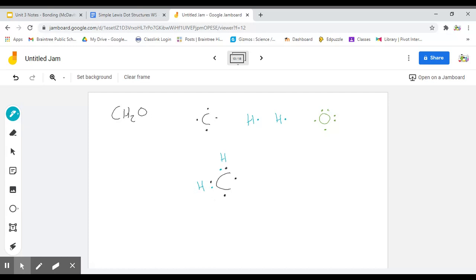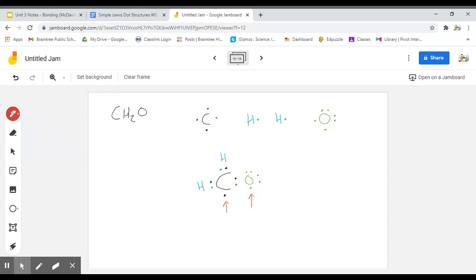I've gotten rid of 2 of our unpaired electrons on carbon. I still have 2 more, and all I have left is a single oxygen atom. So if I just did what we have done so far and tried to put this oxygen here, we have a problem: there are still 2 unpaired electrons.